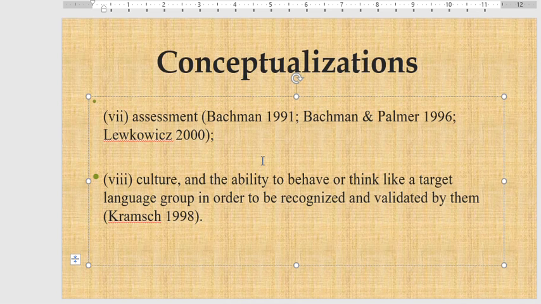Actually, this one is not that widely accepted, because you can learn a language and learn about their lifestyles, but it doesn't mean that you should necessarily behave like them or employ their cultural norms. But knowing about them, if you want to perform like them, you should be able to do that.